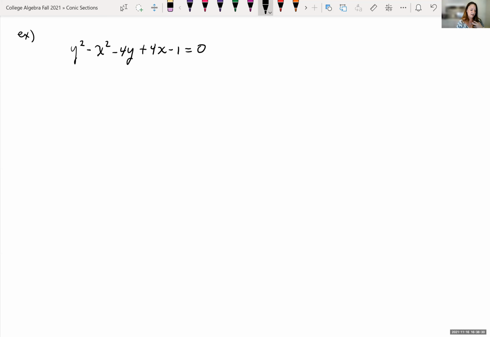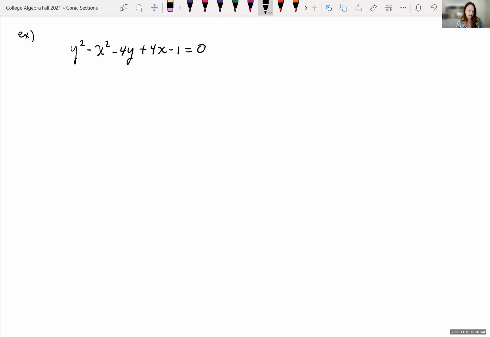One's a positive coefficient, one's a negative coefficient. It doesn't have to be the same number. Looking at this, I notice that I have a positive y squared minus an x squared, opposite signs. One's positive in front of the square, one's negative. So this has to be a hyperbola.